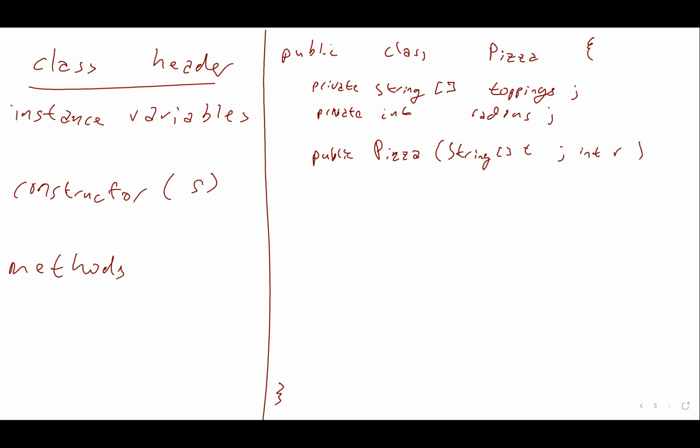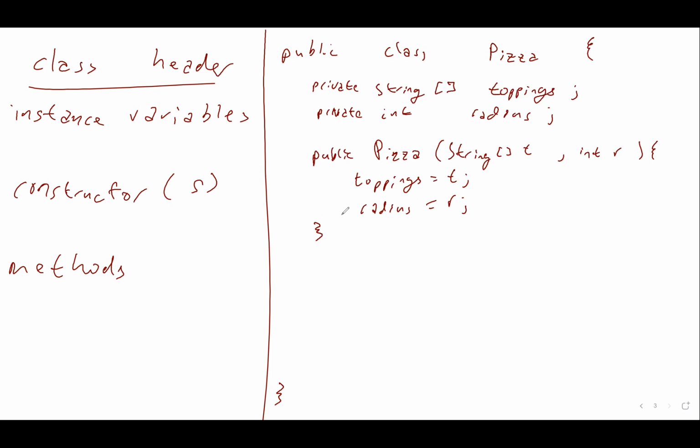And that should be a comma, not a semicolon. And then inside of our constructor, we say toppings equals t, radius equals r. So we've got our constructor that takes multiple parameters.